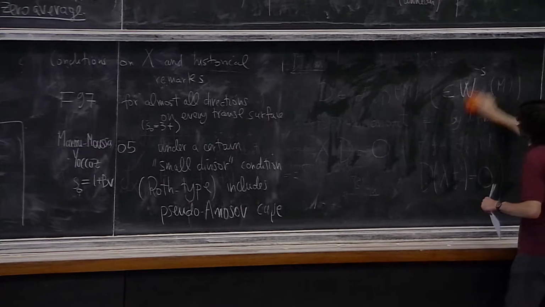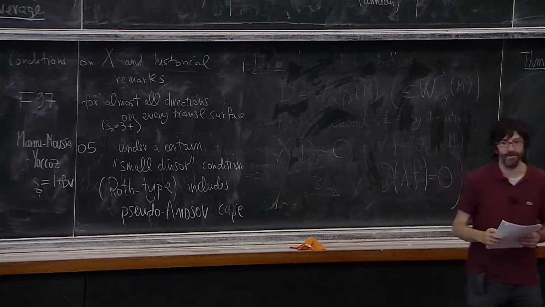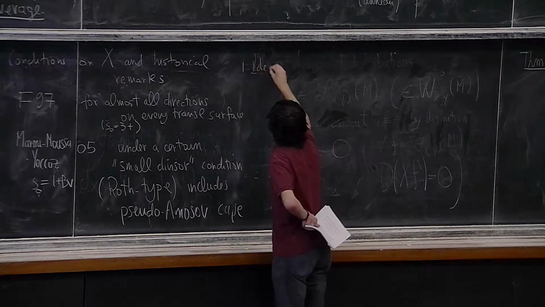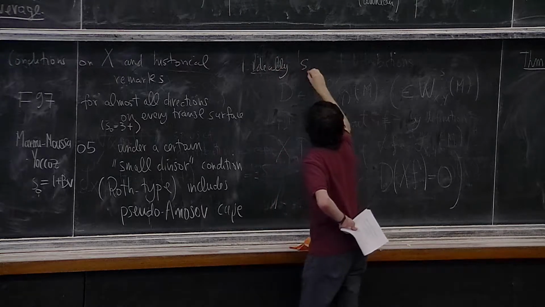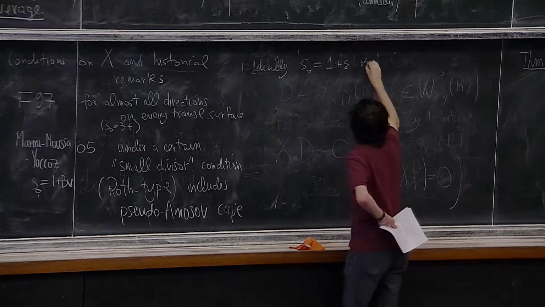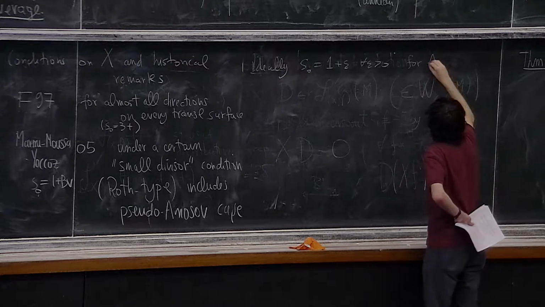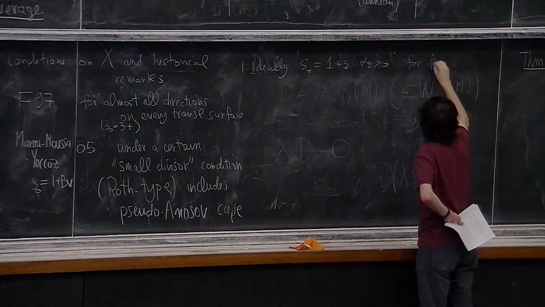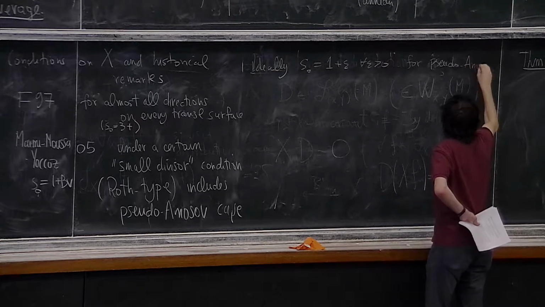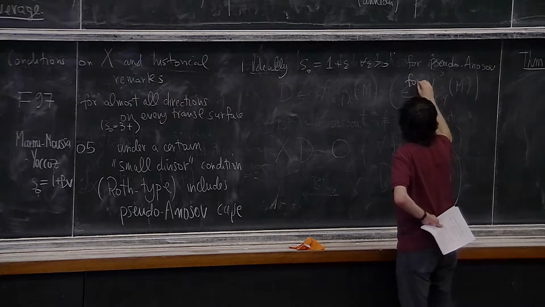The idea is that analysts care about these things. What is the loss of derivatives? Ideally, the loss s naught is 1 plus epsilon for any epsilon, at least for the pseudo-Anosov case, and also for the generic case.